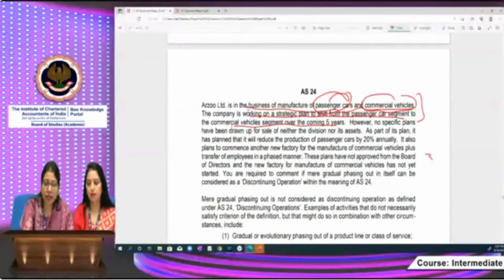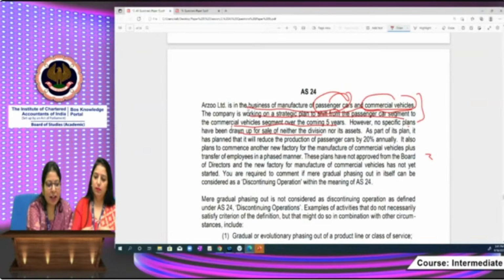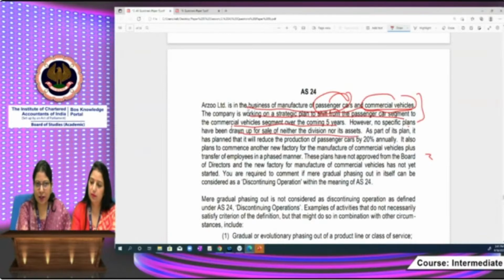But the question further states, however, no specific plans have been drawn for the sale of either the division or its assets. So AS24 clearly says that there should be a single coordinated plan for the discontinuing operation. It means, can it get fit into that category? We will see.